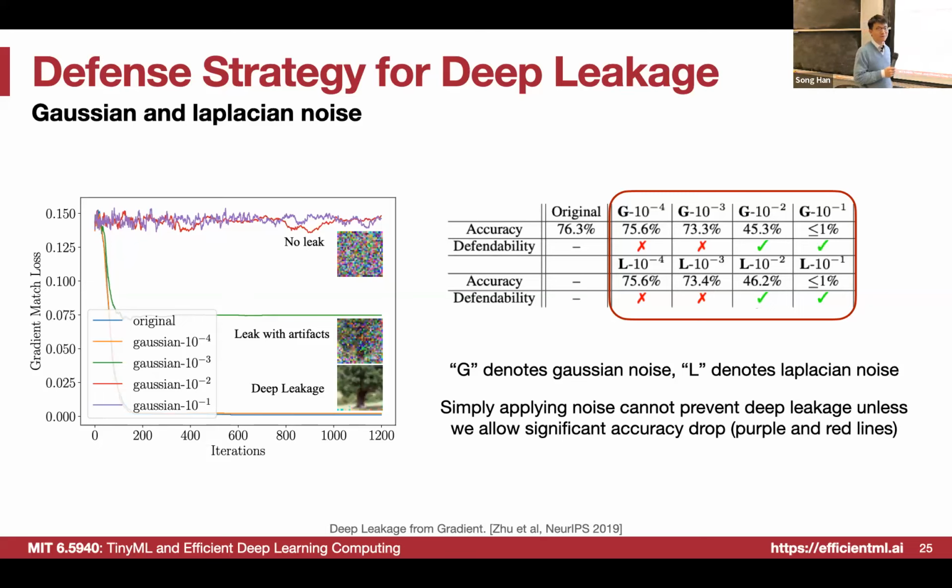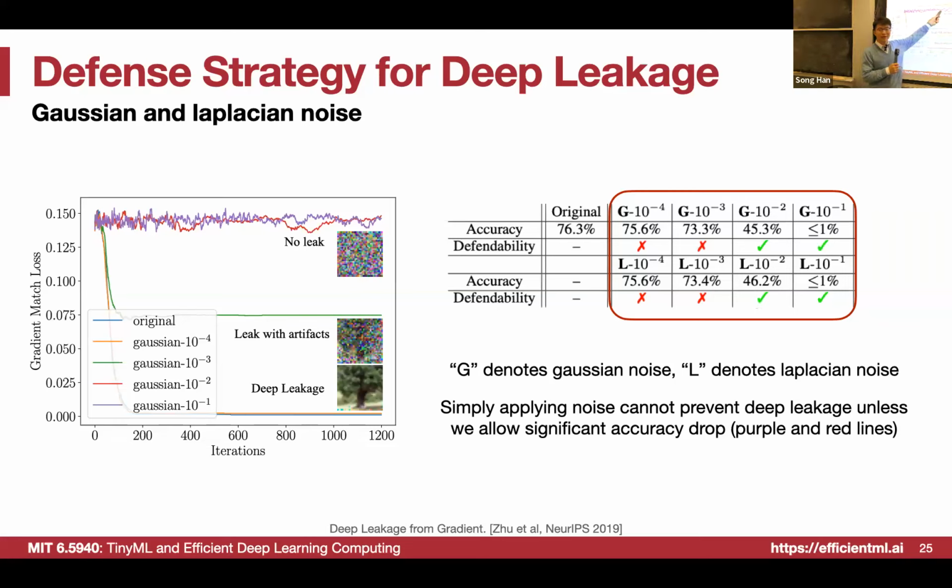We can add noise, a very natural way. We can add either Gaussian noise or Laplacian noise. With Gaussian noise, as you can see, the more noise we add, the lower the accuracy. If you add a little bit of noise, it's still going to leak the information, if the Gaussian noise strength is not big enough, like 10 to the -4 or 10 to the -3.